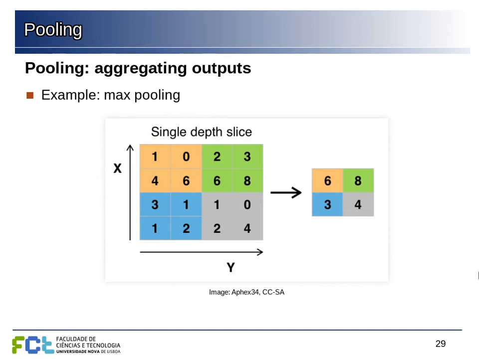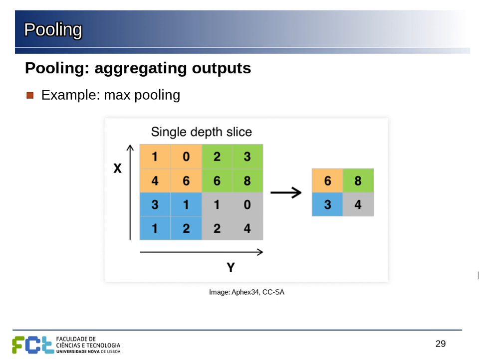For example, this is an example of max pooling. We are doing a 2 by 2 pooling with a stride of 2. This means that we are looking at this window, then we jump 2, look at that window, we jump 2, and so on. And on each operation here, we take the maximum value, so from these 4, we take the 6, from this we take the 8, and so on.